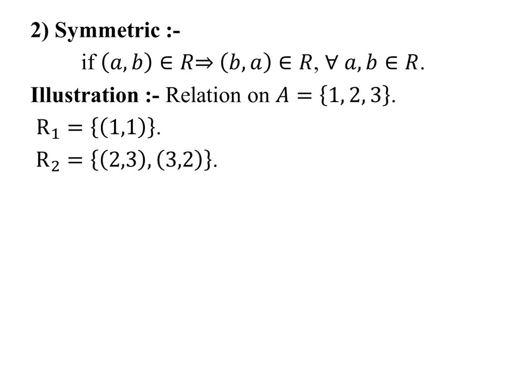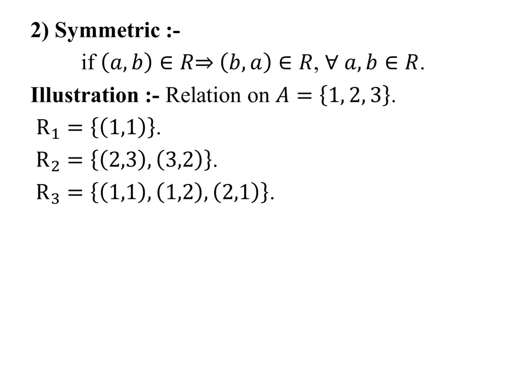Third, R3 is equal to the ordered pairs (1, 1), (1, 2) and (2, 1). So (1, 1) interchanged gives (1, 1). Ordered pair (1, 2) interchanged gives (2, 1), so (2, 1) belongs to R3. Next (2, 1), interchanged gives (1, 2), so (1, 2) belongs to R3.